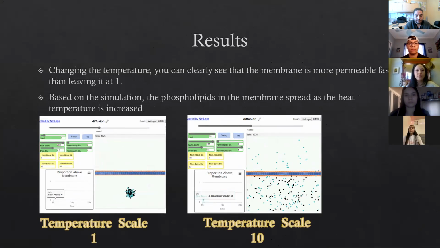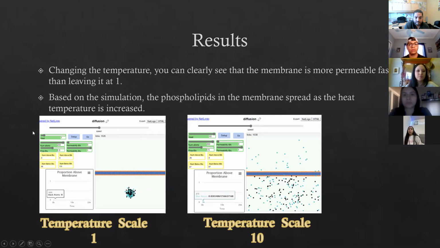For the results, we conclude that if we change the temperature, we can clearly see that the membrane is more permeable faster than leaving it at 1. Based on the simulation, the phospholipids in the membrane are spread as the heat temperature is increasing.